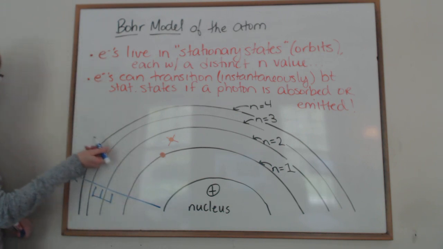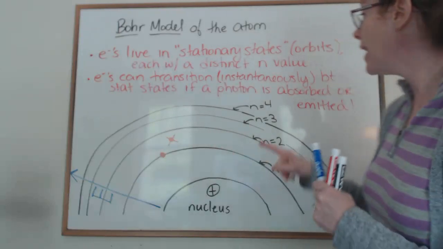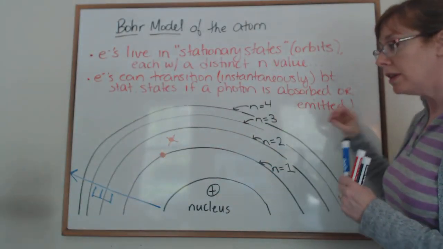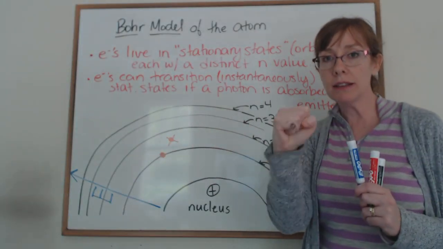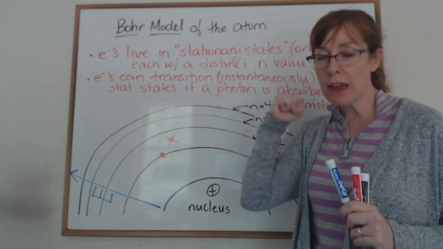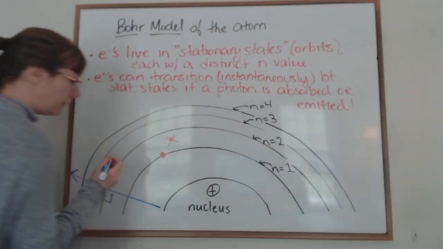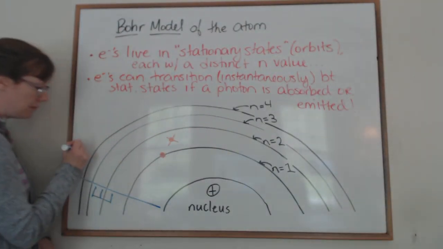If you move them away from the nucleus, they increase in energy. If you have a photon absorbed, so this is where you're plugging that neon sign into the outlet or exploding a firework, you have energy coming in. If you have a photon absorbed, so let me do a little photon of light coming in here.